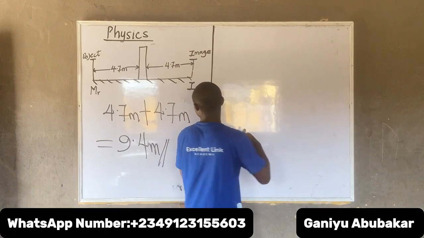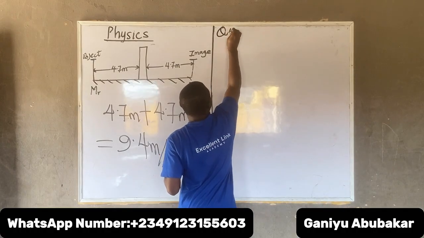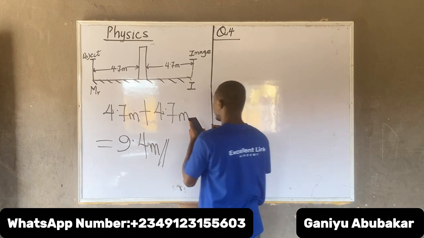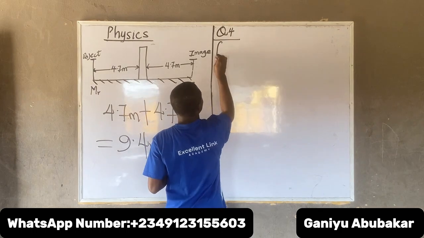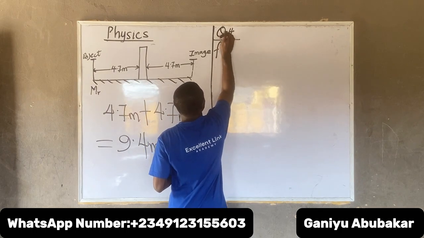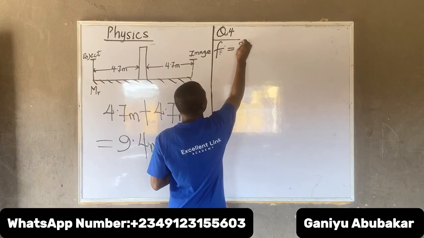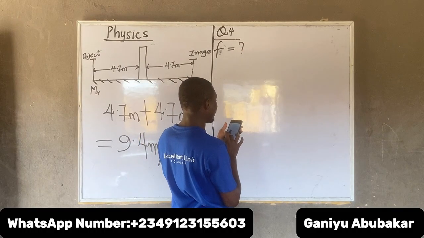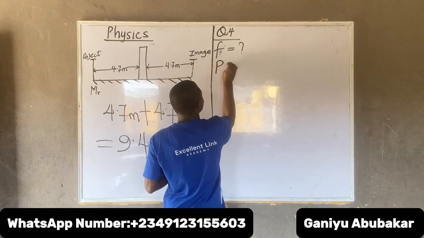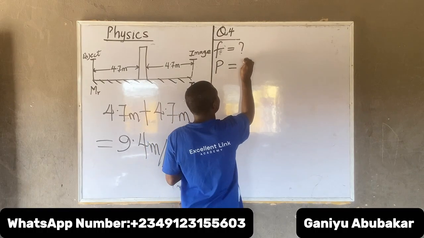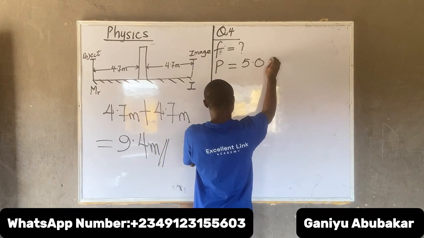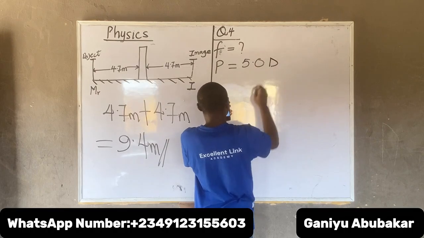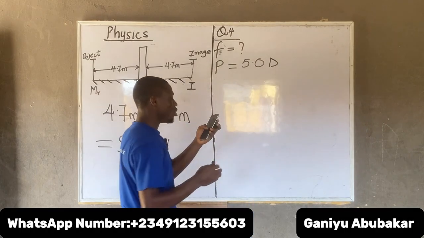So for focal length, we use the short form f, which is unknown, of a thin converging lens with a power given as 5.0 dioptre. That's capital D, the symbol for representing that word.